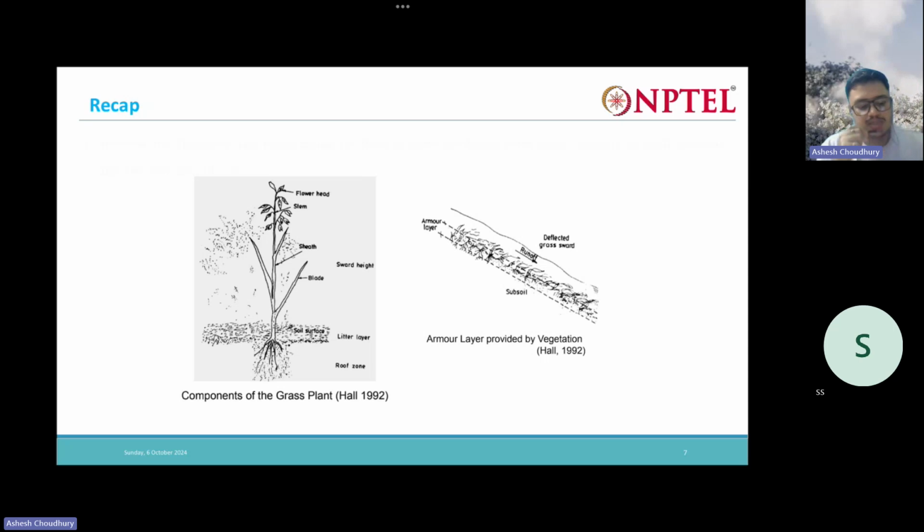Generally in India we have a good amount of jute and coir products available. So we can use jute and coir mattresses or jute geotextiles along the slopes of the hill. As it is a natural material, it is very sustainable.